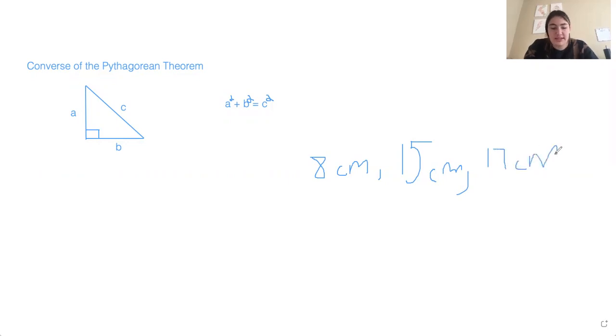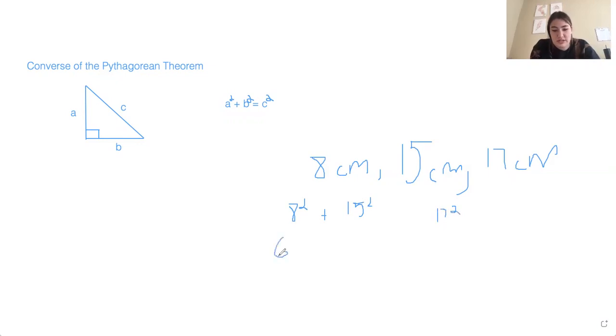So the leg lengths are 8 and 15, and the hypotenuse, so the longest side, would be c. So we're going to do a squared plus b squared maybe equals c squared. It will equal c squared if it is a right triangle. So we'll just leave a space. 17 squared. These numbers are a little more tricky too.